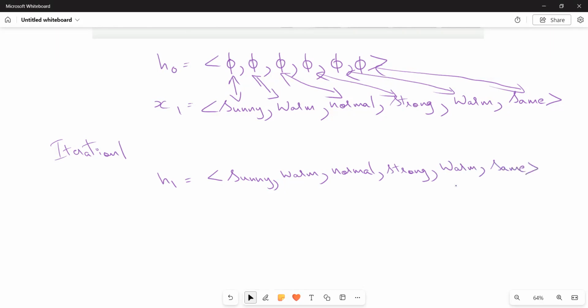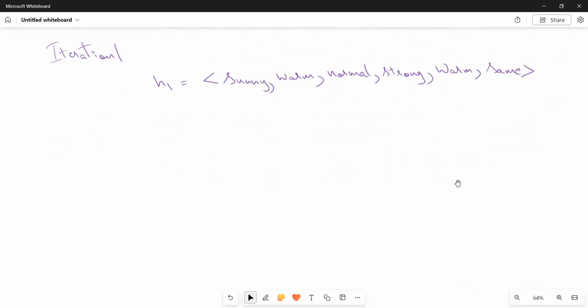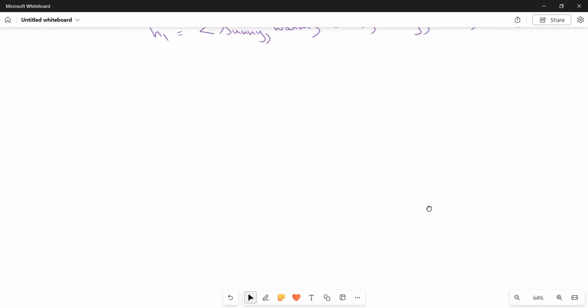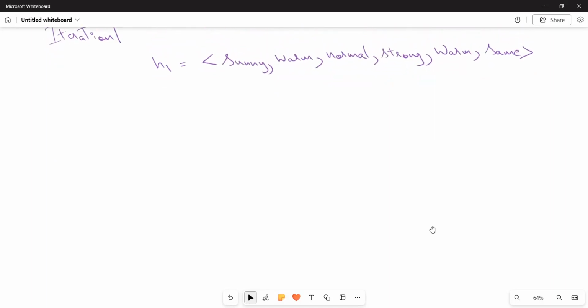This is your hypothesis 1. Now we have to find iteration 2, and by using iteration 2 we're going to find your hypothesis 2. This is your iteration 1.